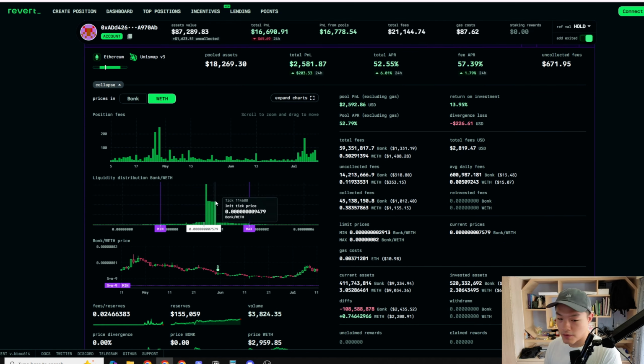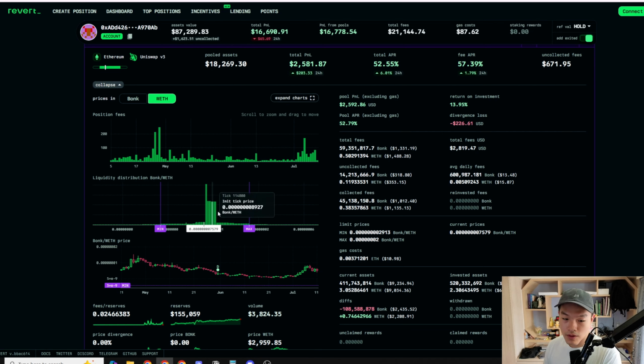For example, if you look here, there's a ton of tight range liquidity in this zone, right? If the price just stays in this zone for a long time, my APR is going to be very low, like you see here, because people were squeezing the range. They were having this high concentration LP here, and then my APR would drop pretty significantly.